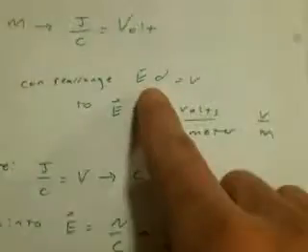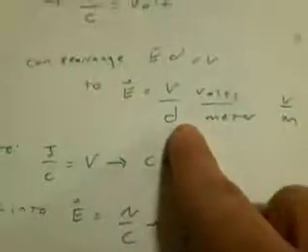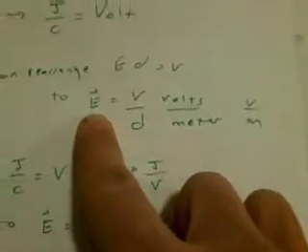Joules per coulomb. Now, if we rearrange Ed to say E is simply the voltage divided by the distance, then you can also communicate the strength of an electric field not only in newtons per coulomb, but you can say it's the same thing as a volt per meter.